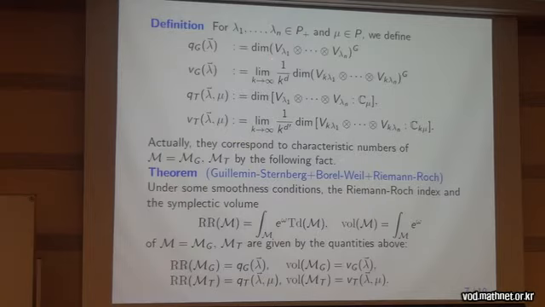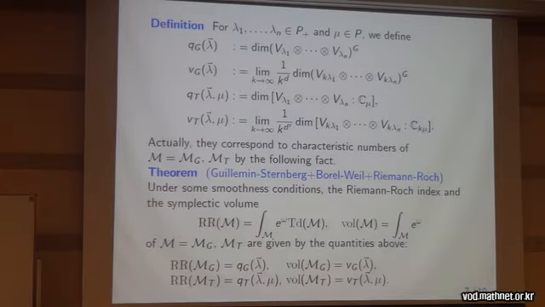And similarly, we define Qt of lambda mu to be the dimension of the weight space with weight mu in this tensor product, and Vt of lambda mu is its asymptotics. Actually, this is a combinatorial object, but they correspond to characteristic numbers of Mg or Mt by the following theorem. This is a combination of famous theorems due to Guillemin-Sternberg, Borel-Weil, and Riemann-Roch.